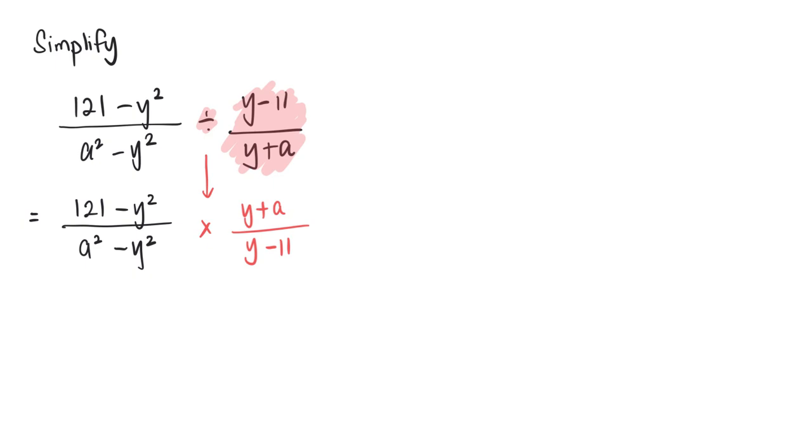And after which is to consider, can we factorize these two? And yes, we could. So if you observe at the right side, that's where I'm going to factorize 121 minus y square and a square minus y square.